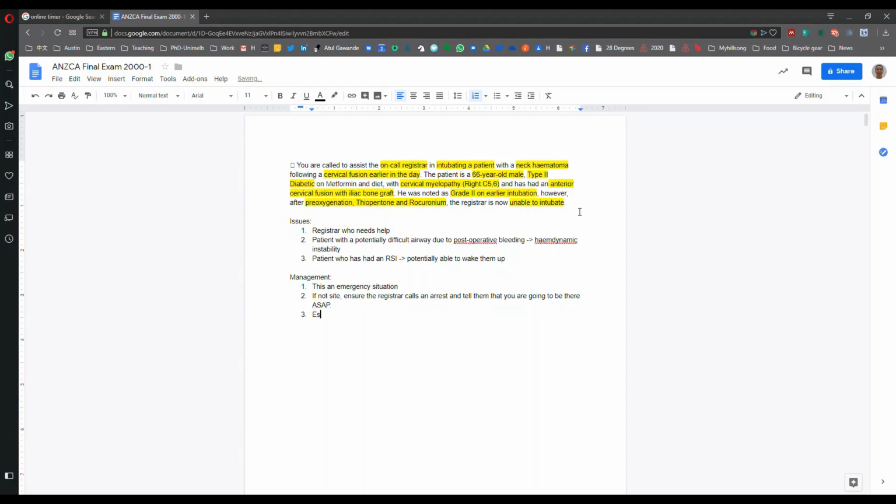Third thing is to establish whether the registrar is able to maintain an airway. If so, get them to wake the patient up while you're on your way in.